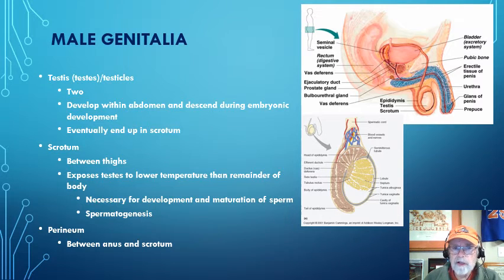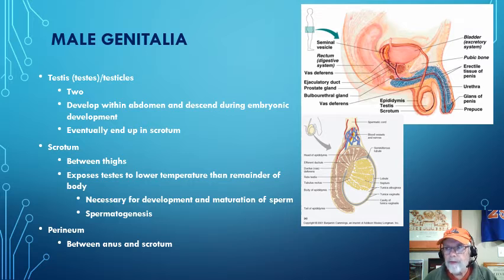the testes are the male gonad, part of the male genitalia, and there are two. They develop within the abdomen, just like the ovary does. During gestation, the testes, on each side, will migrate down through a canal in the lower abdominal wall and end up eventually in the scrotum.